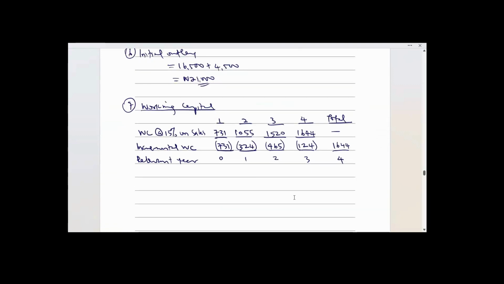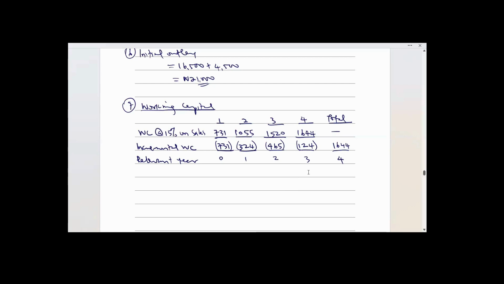Your incremental working capital has increased. You have 731, 1055, 1520, 1644. Is there any reduction? Your working capital is increasing, not decreasing. We are not talking about the increments. It is the increment that is reduced to 124. That's not the main working capital, which is increasing from 731 to 1055 to 1520 to 1644. Do you get?